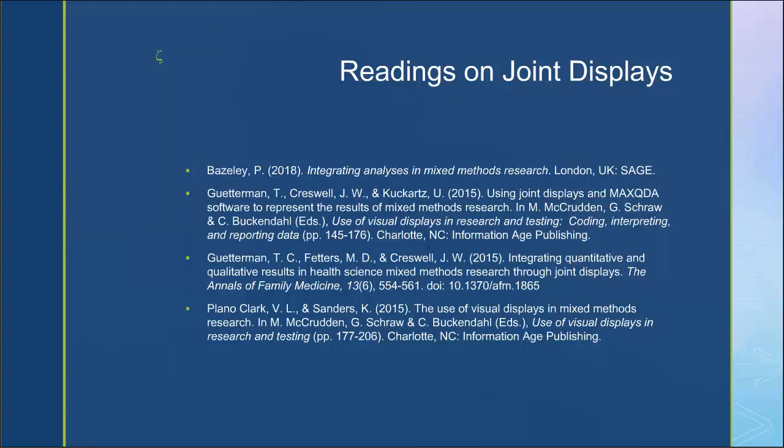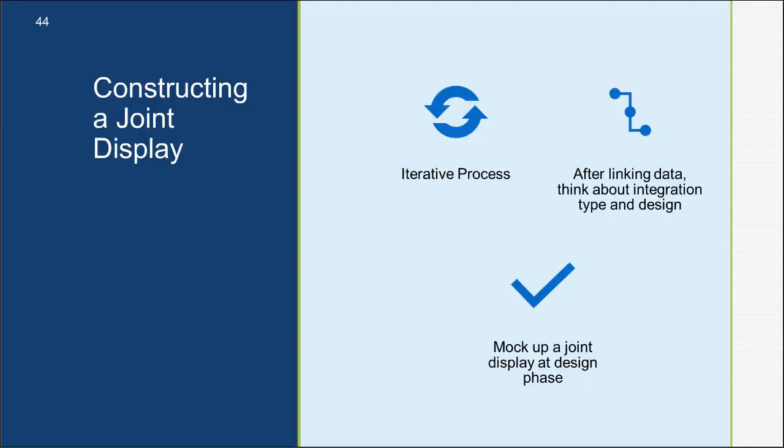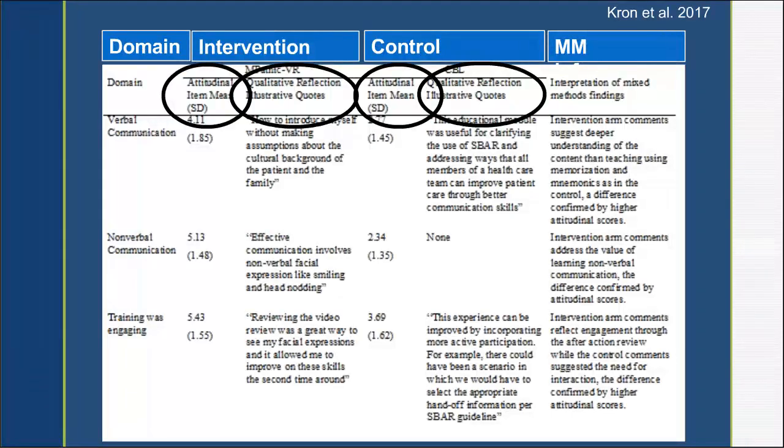Sure. So I would look at this full example right here where we give some interpretations by domain, comparing, in this case, an intervention and control, qualitative and quantitative results. But it can be something in terms of noting whether the two forms confirmed, disconfirmed, or expanded, so you're learning more details by combining the two forms.